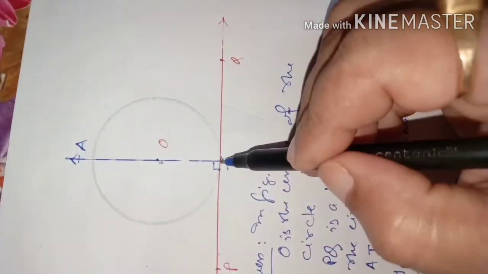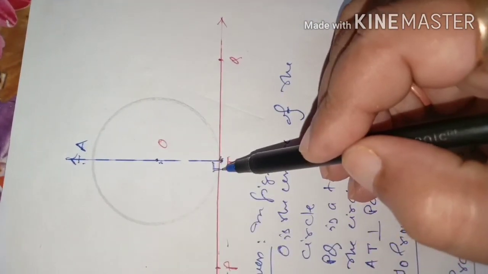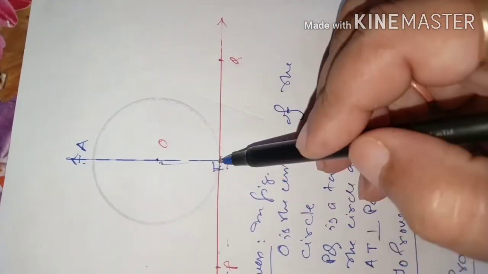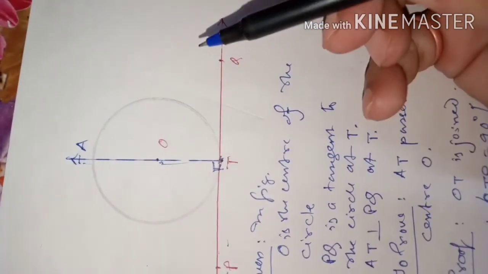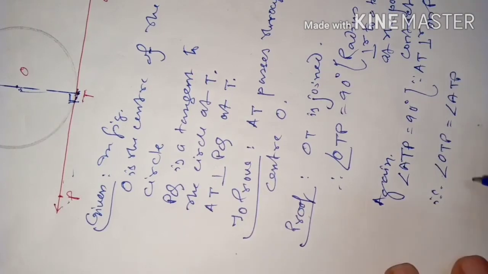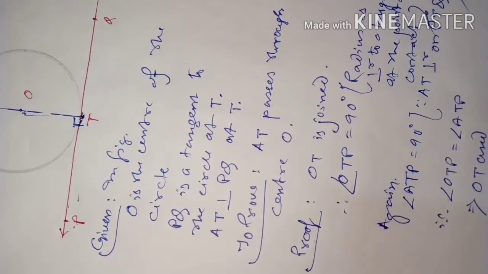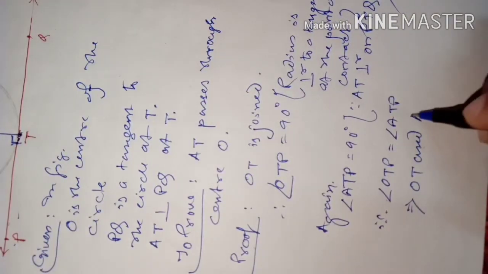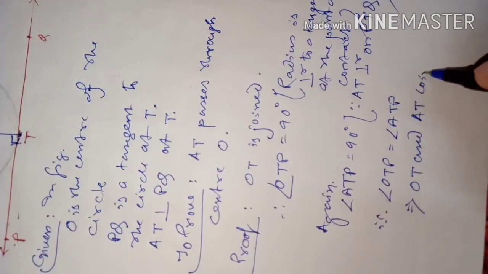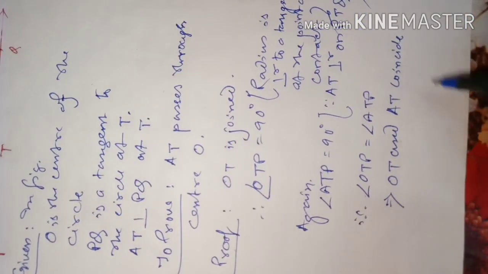So it can happen only when, you see, angle OTP and angle ATP are equal. It means what? OT and AT represent one line only, they coincide. So it gives us that OT and AT coincide.